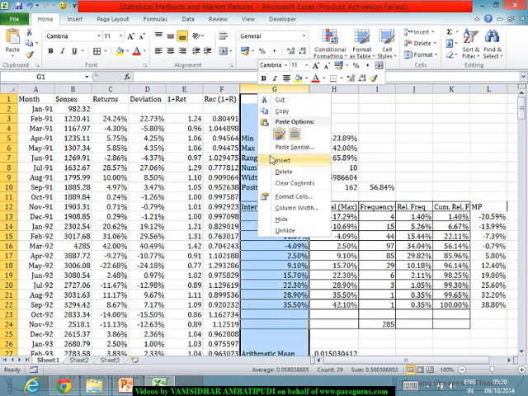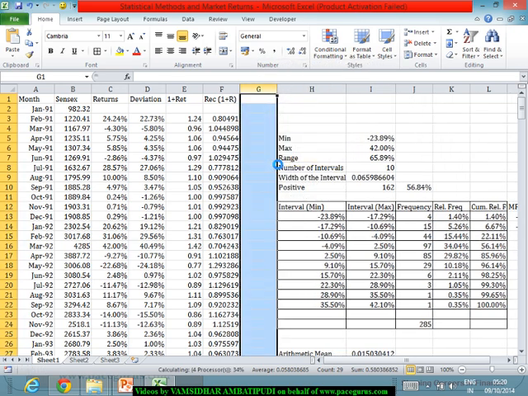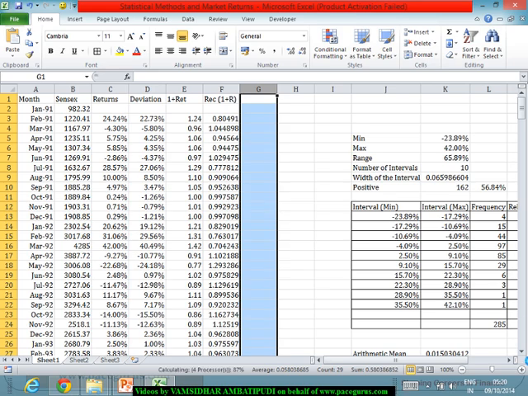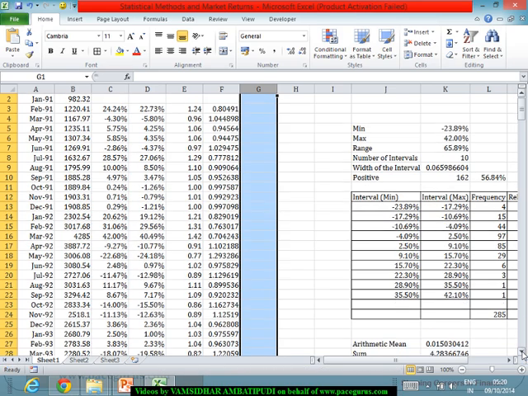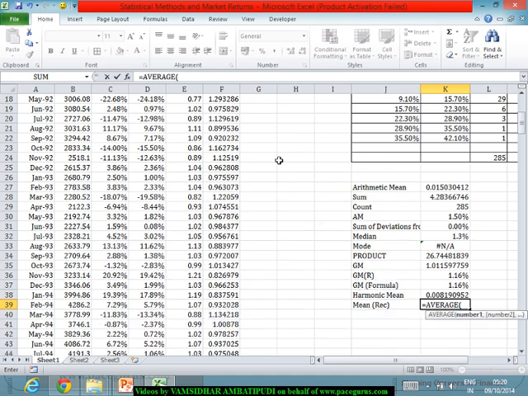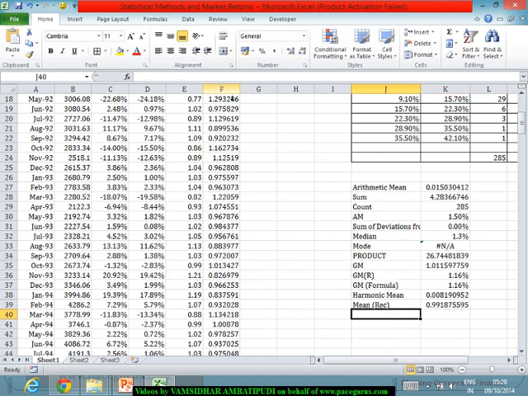Then I will look at the mean of the reciprocals. And I take the reciprocal again, the reciprocal of the mean, I'm taking 1 by this.